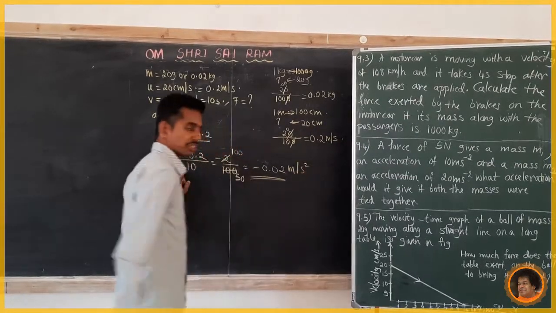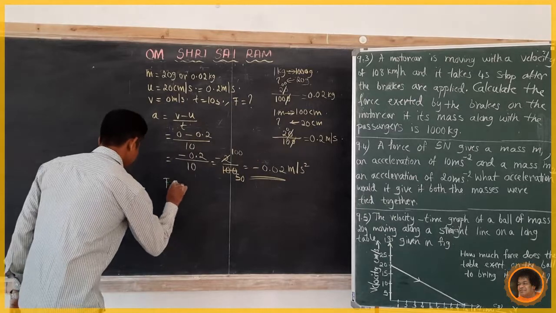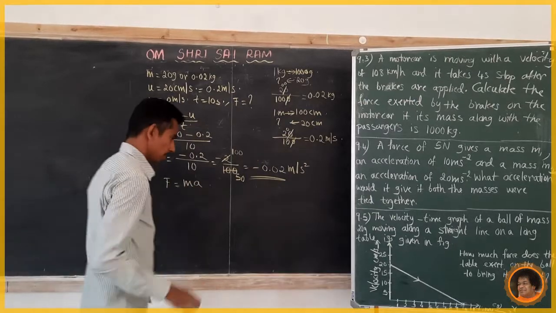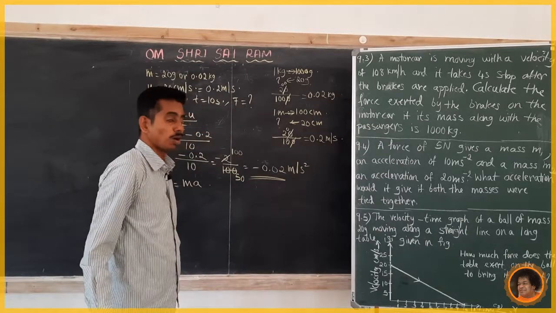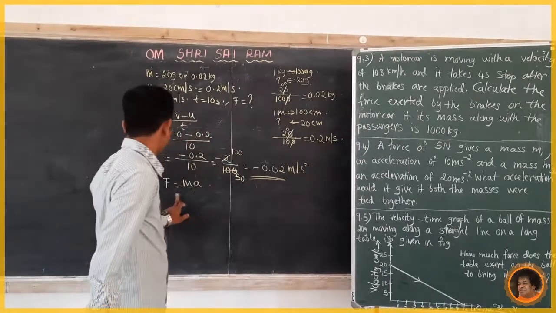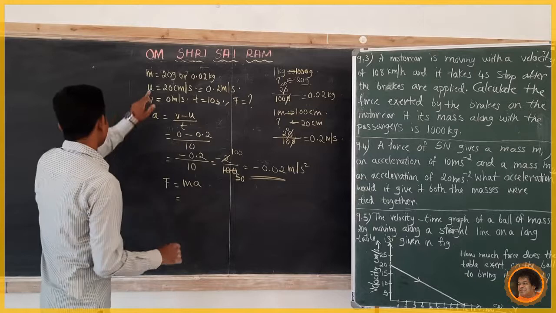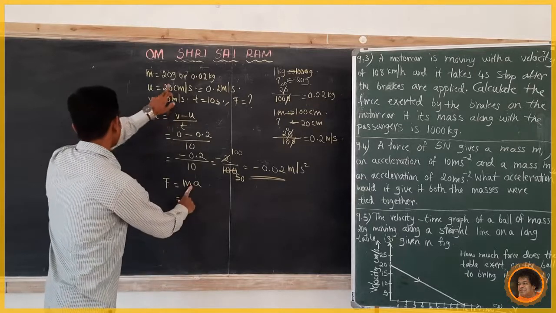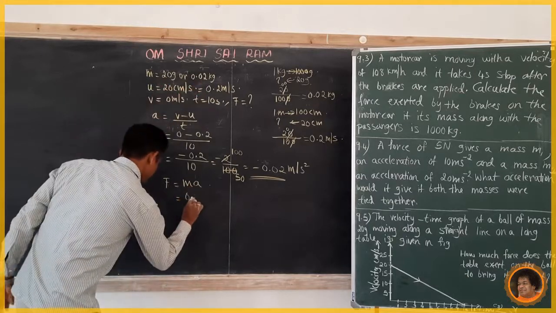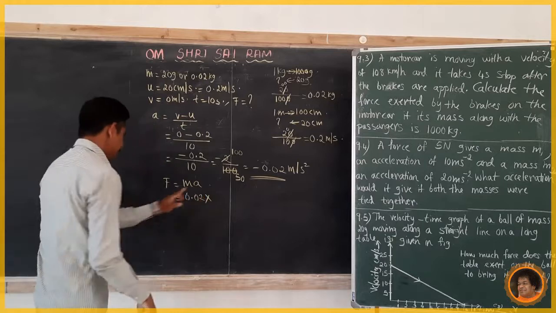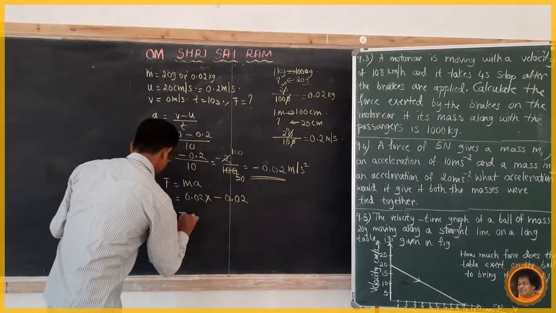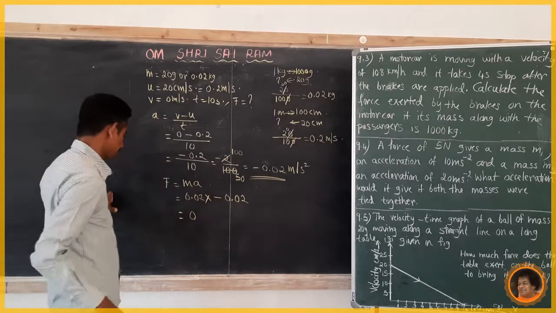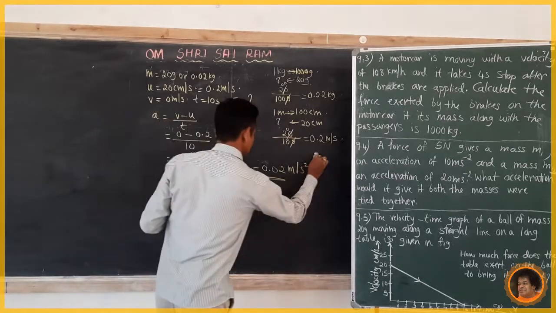This is the acceleration. Now calculate F. F equals ma, because you have to calculate how much force the table exerts on the ball. M equals 0.02 kg, into a, which is minus 0.02. Just multiply 0.02 into 0.02.